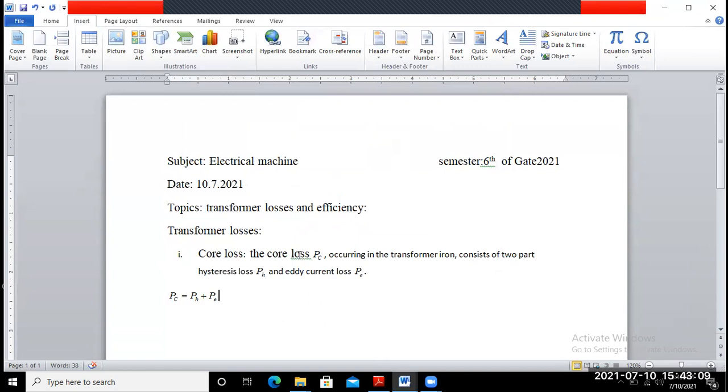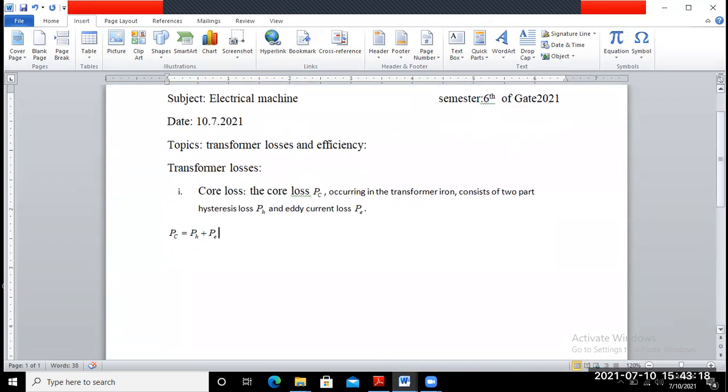And experimentally, you obtain the hysteresis loss and eddy current loss with some constants of proportionality, that means kh and ke, and they are related to frequency and maximum flux density.